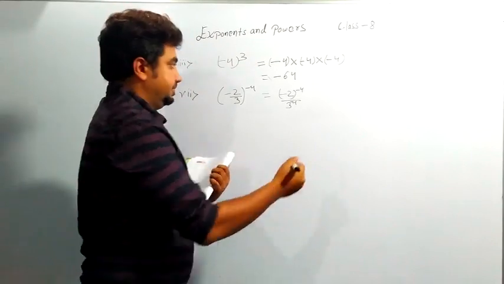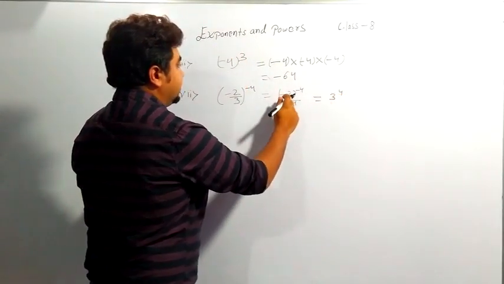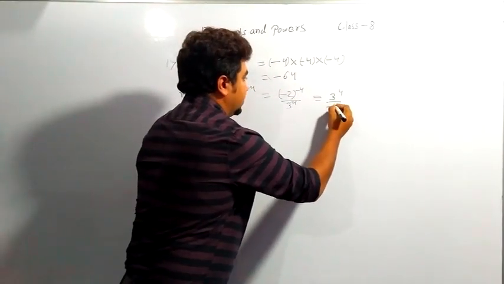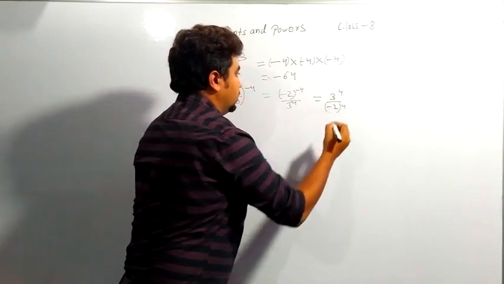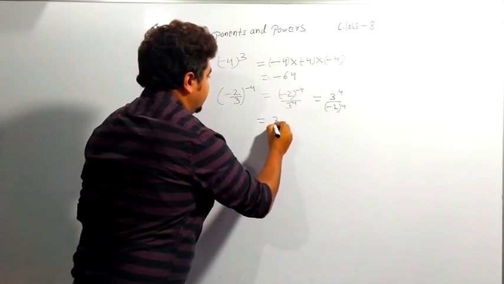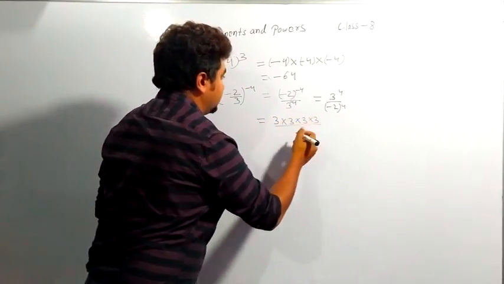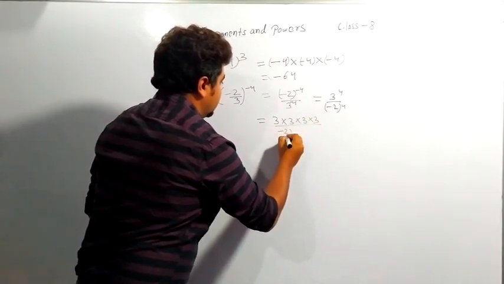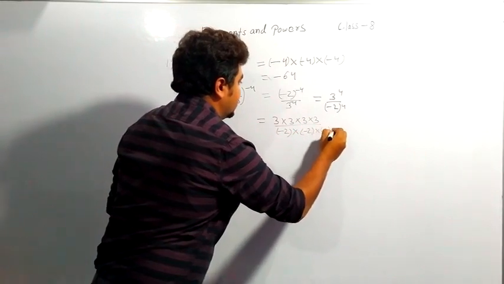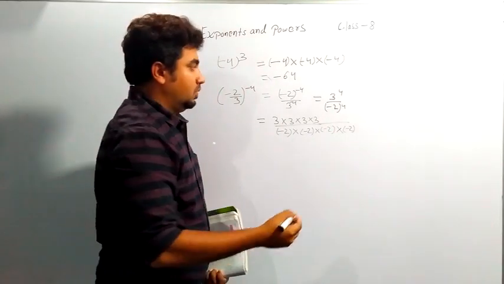Now we can take 3 to power 4 to the numerator, and for making this positive, we take minus 2 to power 4 to the denominator. Now 3 to power 4 is 3 into 3 into 3 into 3. And minus 2 into minus 2 into minus 2 into minus 2. This is 2 to power 4.